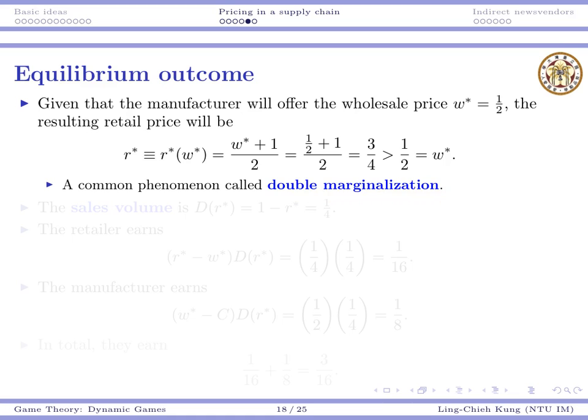When we have two players, or 2 layers, in a supply chain, at each layer, the player must add something to the procurement cost because the player wants to make some money, so there must be a positive sales margin.